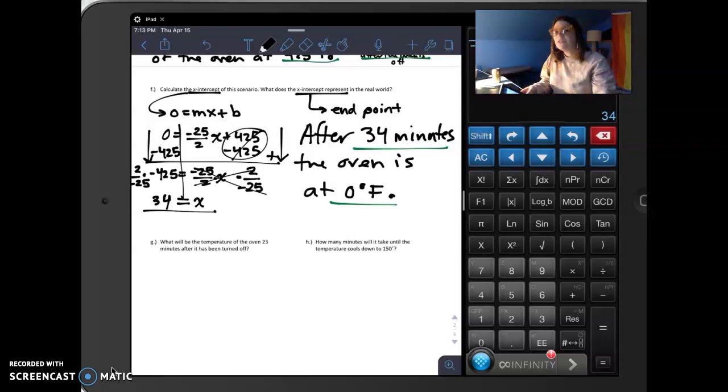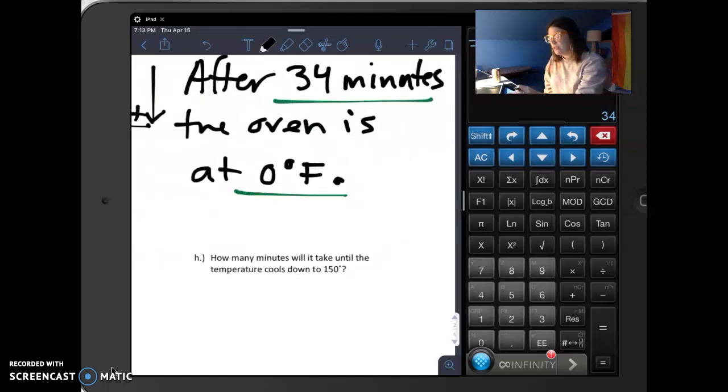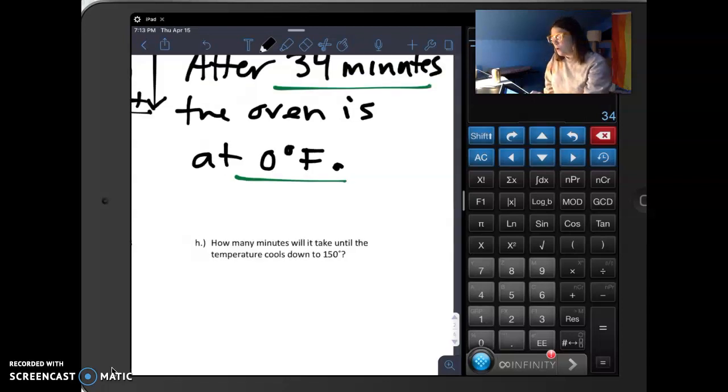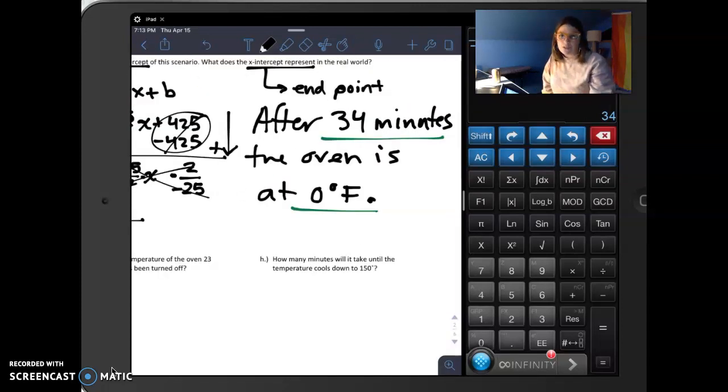So in order to get a really good score on a question like this, you would need to say something like, but it would never get to 0 degrees Fahrenheit, or but the oven would stop cooling after it got to room temperature. Or you could even just say something as simple as, this doesn't make sense because you would never get to 0 degrees Fahrenheit in a kitchen.